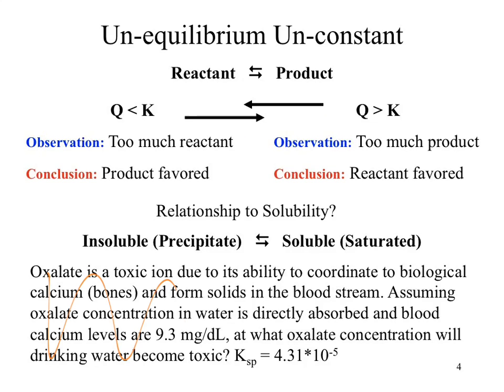If we try to go through and apply this, what we would do is look at our Q value. Okay? If our Q value is less than K, what does that mean? We're going to shift to the products. What are our products in solubility?